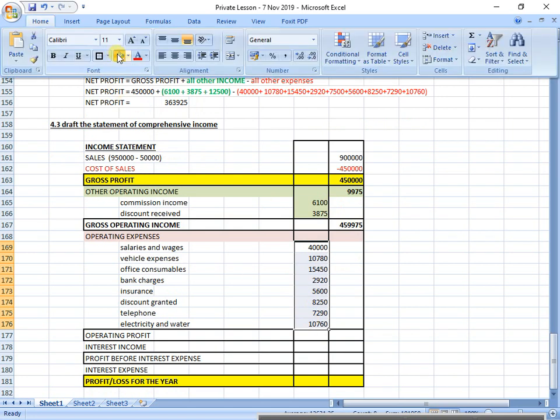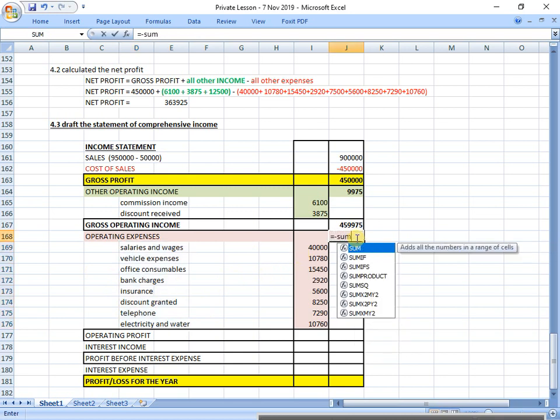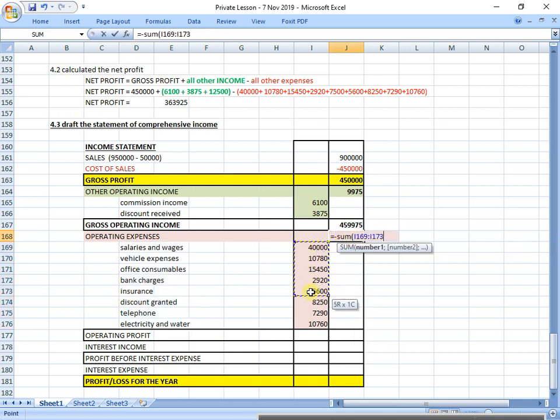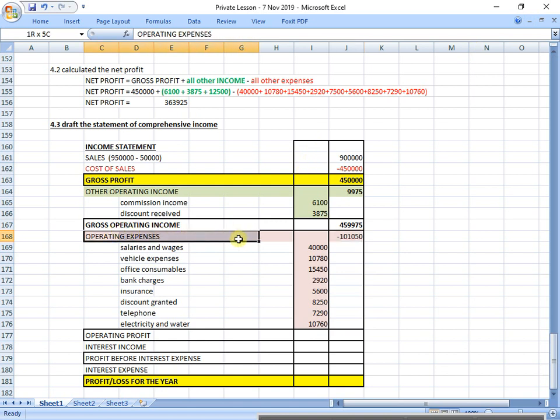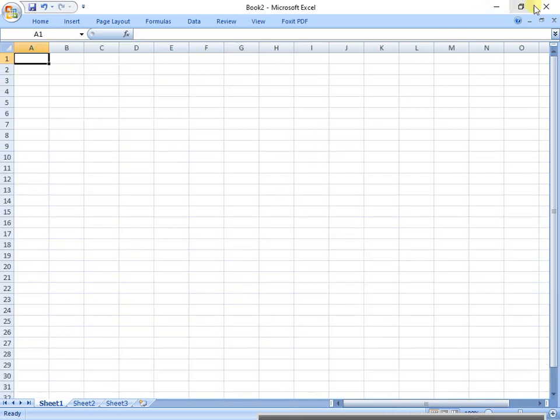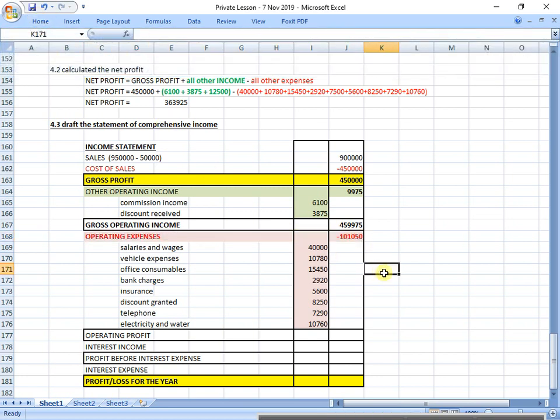Operating expenses. These are all expenses. They all have debits from the trial balance. Add it up, put it in brackets, so show it as a negative. There. Ooh, bold. That one. Okay, there's your operating expenses.